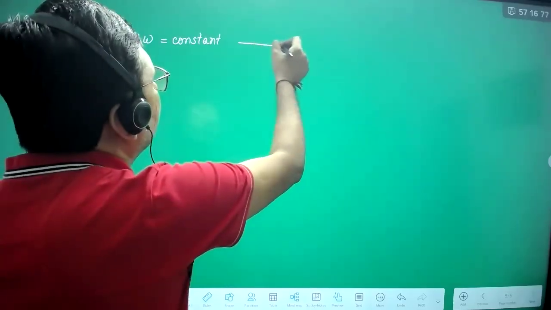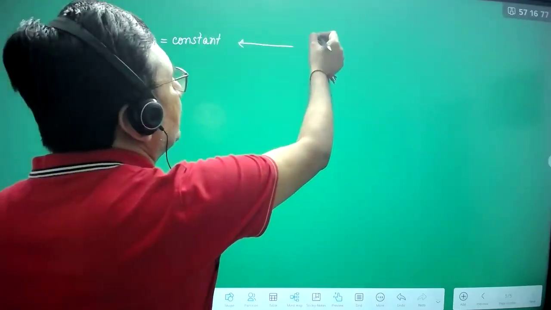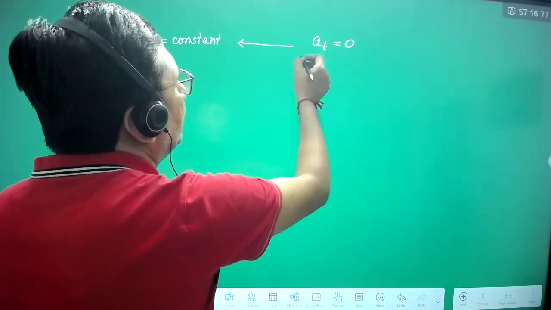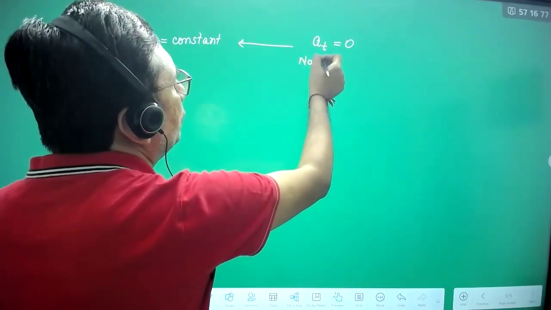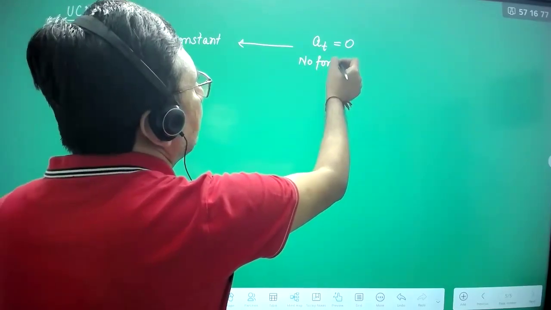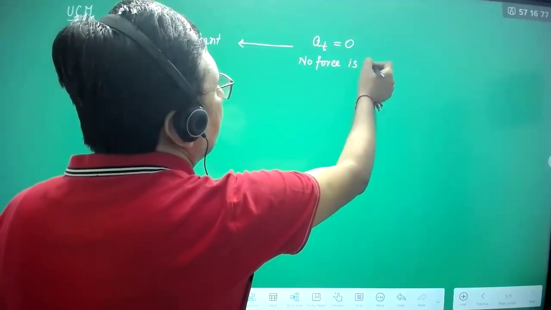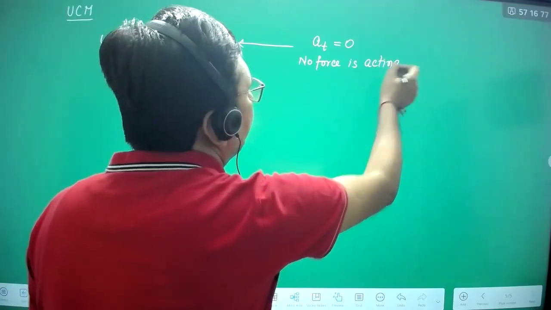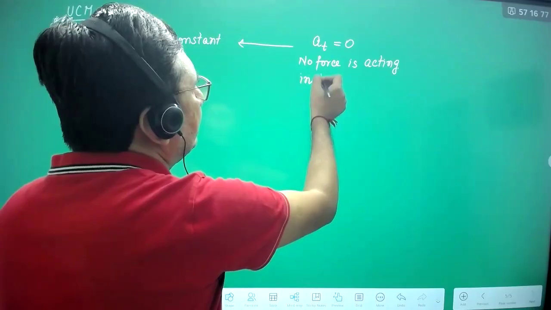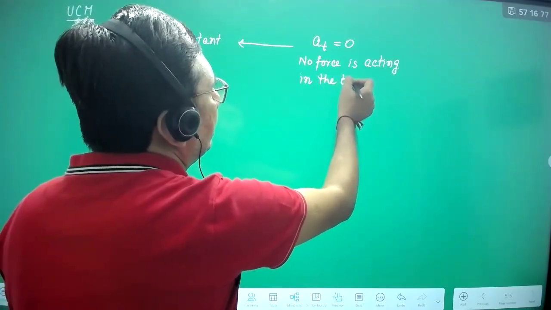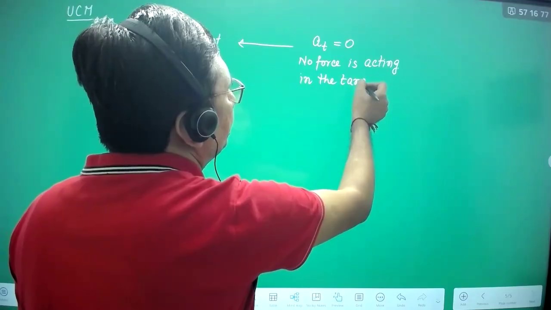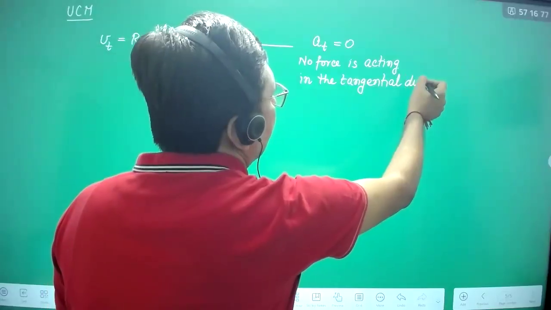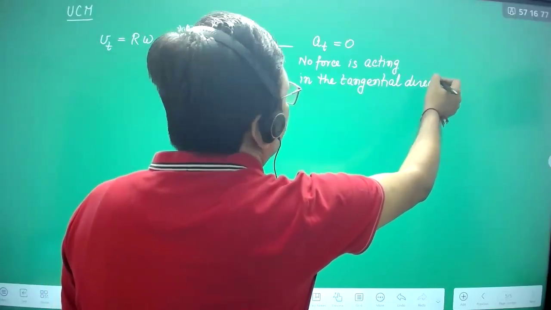It is constant because tangential acceleration At is 0, which means no force is acting in the tangential direction. That's why this speed is constant.